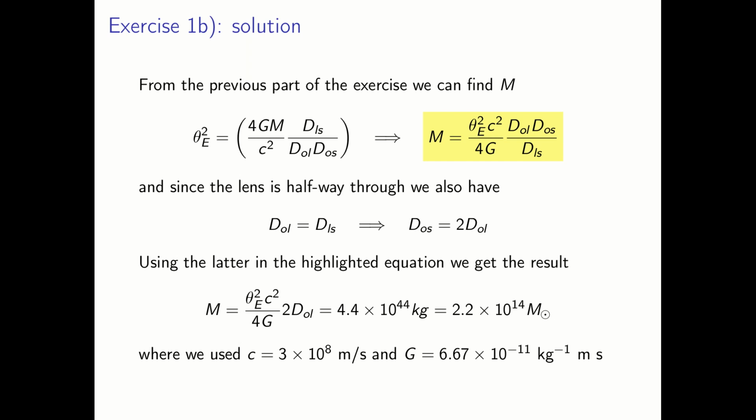If we plug in the numbers converted as we did in the previous slide, we get 4.4 times 10 to the 44 kilograms, which converted in solar mass units is 2.2 times 10 to the 14 solar masses, where we used, of course, that c is 3 times 10 to the 8 meters per second and g is 6.67 times 10 to the -11 kilograms to the -1 meters seconds.